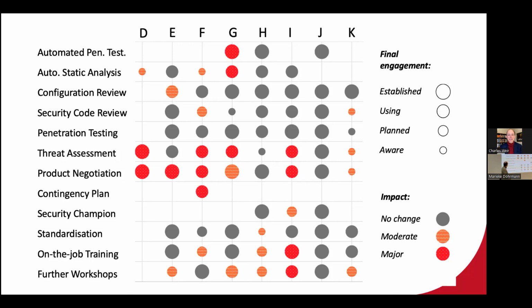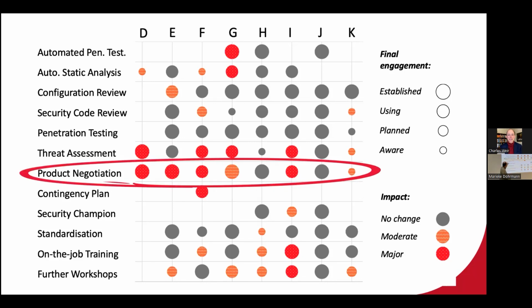And what we found was that a lot of them were using a lot more threat assessment, and in particular this thing that we've called product negotiation, working with the customers, working with product owners to figure out what was required rather than just thinking that they had to do it all on their own. Most of them improved. Two of them didn't. They were big companies that were already pretty much doing it. But for the smaller companies, they certainly did.